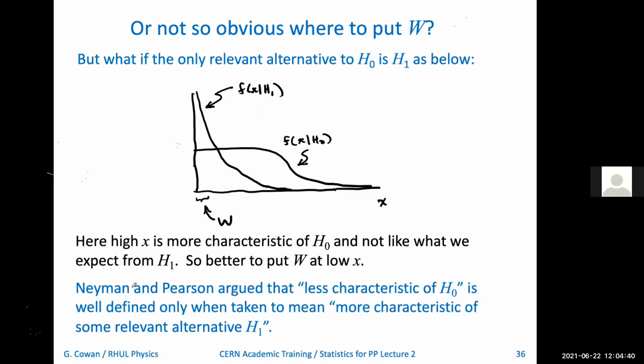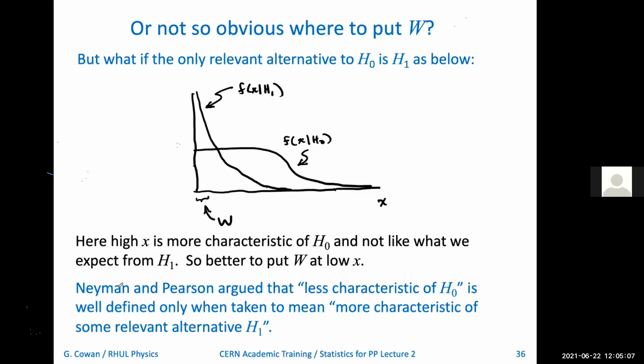Yeah, that's exactly what I was thinking. Yeah. So that's quite subtle. And I think it's widely recognized that Fisher lost and Neyman and Pearson won. And that in order to say that a certain region of data space is less characteristic of H0, implicitly what you're meaning is that that same X is more characteristic of an alternative. And so that statement therefore will change if you consider a different alternative.